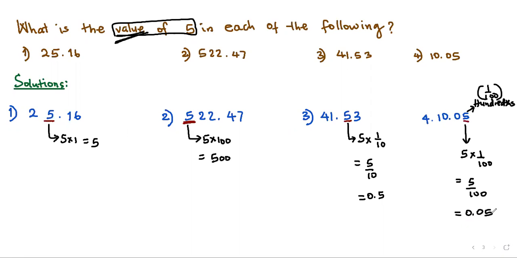Now, there is also something very, very urgent that I want us to look at. And this will make us understand very well about the place values of decimal numbers. Let us see what we call the expanded form.